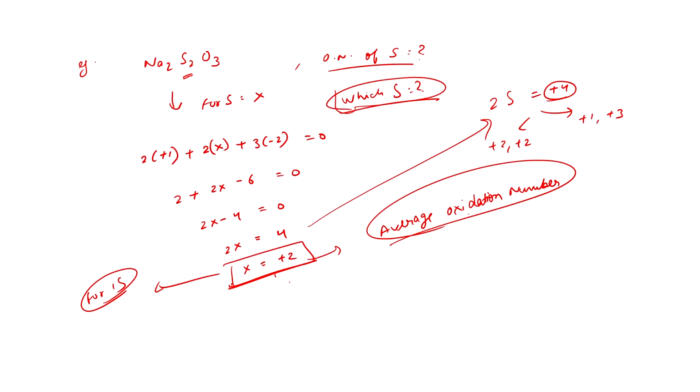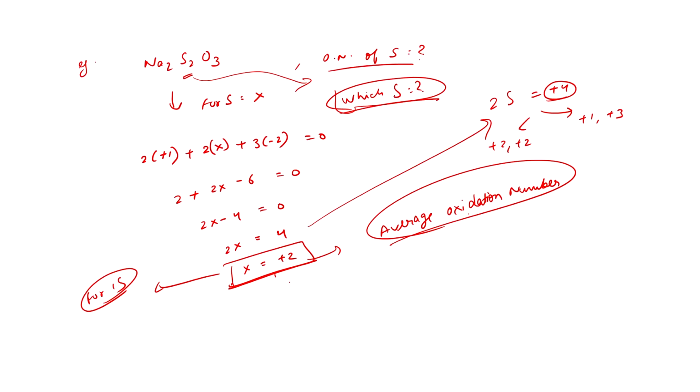If there is more than one atom of the element whose oxidation number is asked, you use 2x or 3x or 4x, and this will be determined as the average oxidation number. No separate oxidation number will be asked of you; only the average oxidation number can be calculated.